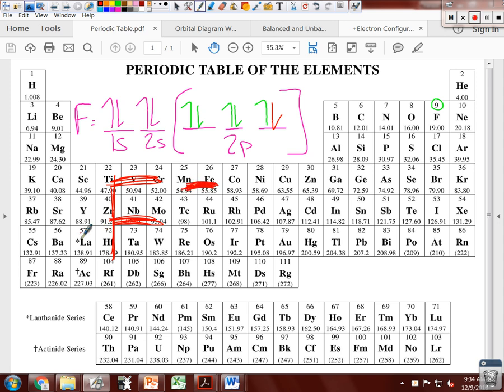You gained a what? What's the charge of an electron? Negative. Does that make sense? So if I were to ask you to do the noble gas or the electron configuration or orbital diagram of that thing, what must you do? Add an electron. Okay? Let's look at the alternative version.